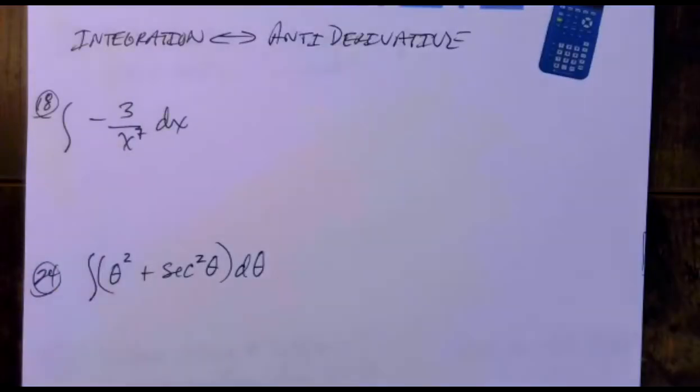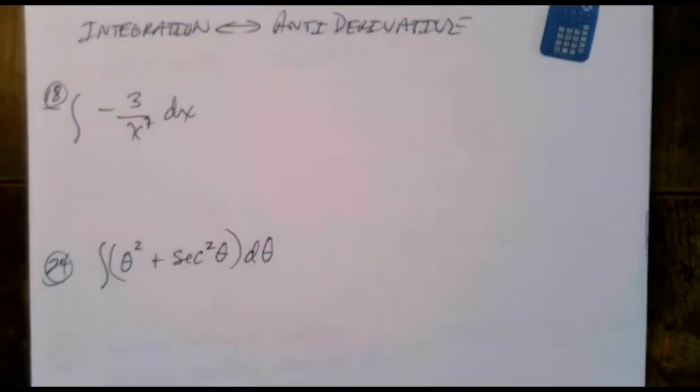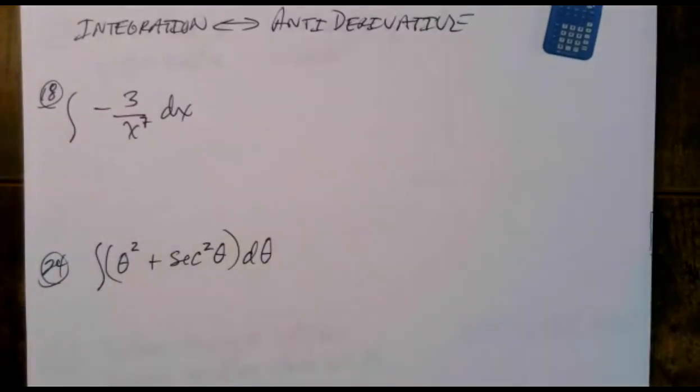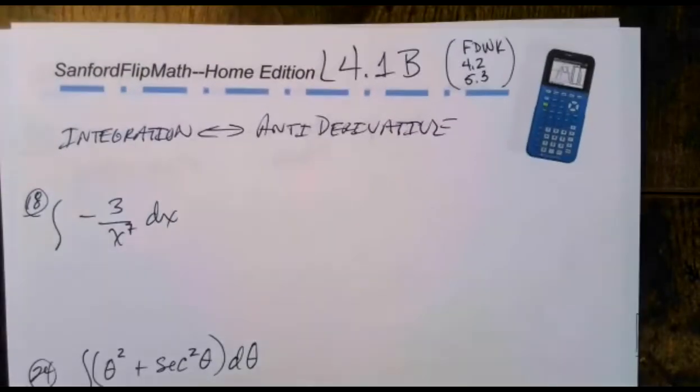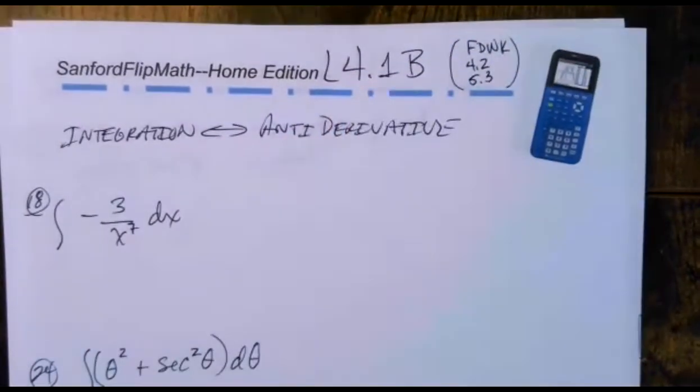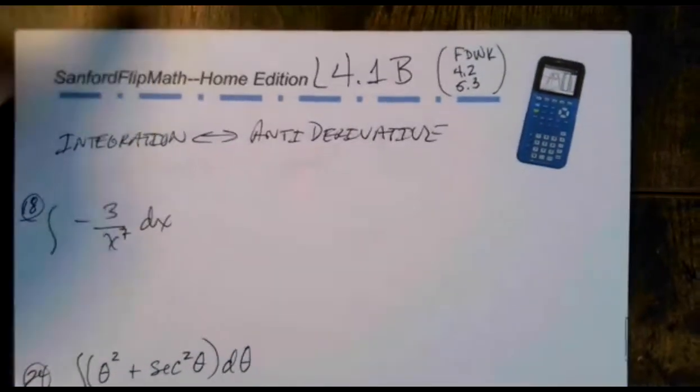We started this on the last video, and we are continuing on with just a few more examples, a little more practice. Again, these problems come straight from the Larson Battaglia book. So here we are, hence the abbreviation L4.1B. That's where we are in the curriculum.